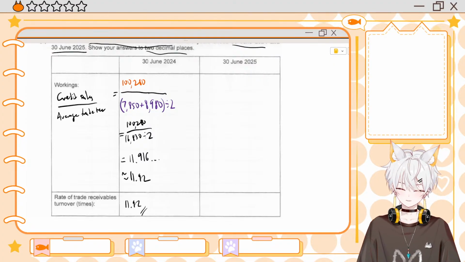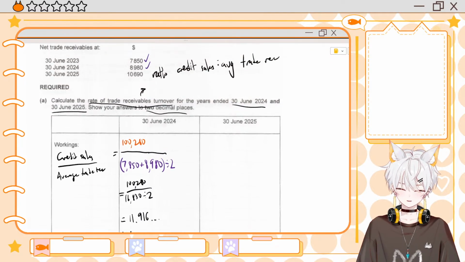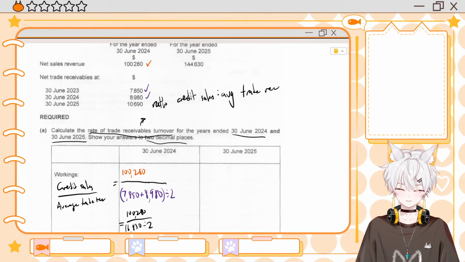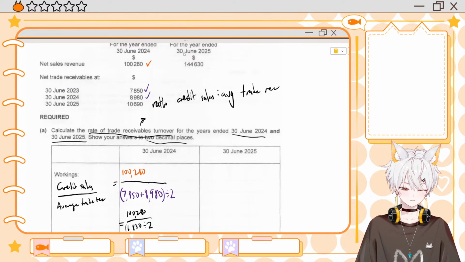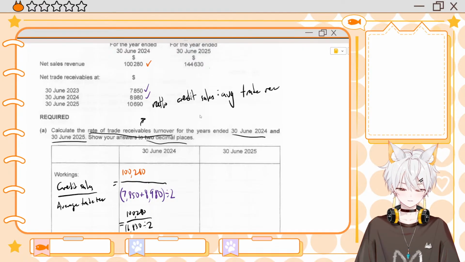Okay, then the same thing can be done for 2025. Yep. So I'm gonna use a different color again, right? I'm just gonna go down the color list. Hopefully, it looks a bit similar.